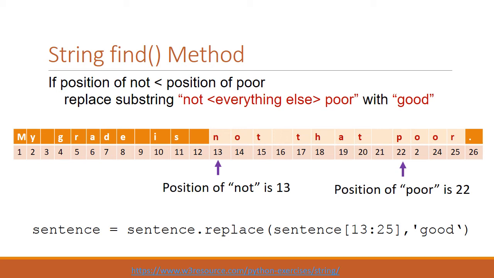Well, 13 is less than 22, so we know that poor follows not. Therefore, we want to replace the string with good. So we're going to start at the position of not, and we're going to include every position up to poor plus 4. And that's what we're going to replace with good.